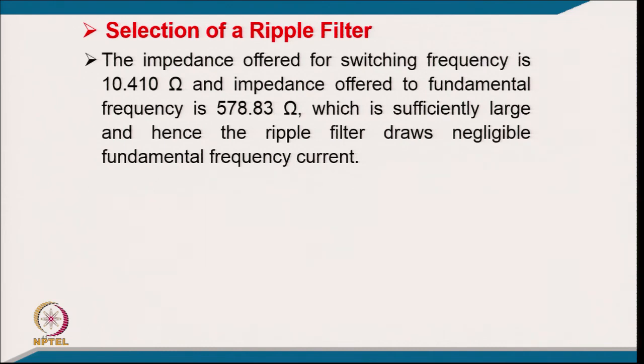So, the impedance offered at the switching frequency is 10.41 ohm, which will certainly take all the higher switching harmonics into it, and the impedance offered at fundamental frequency is 578.83, which is sufficiently large, hence the ripple filter draws negligible fundamental frequency current.